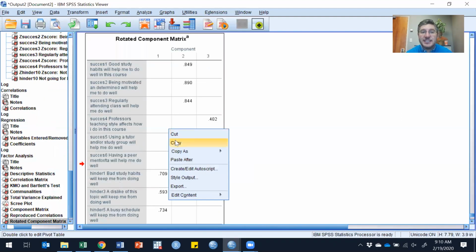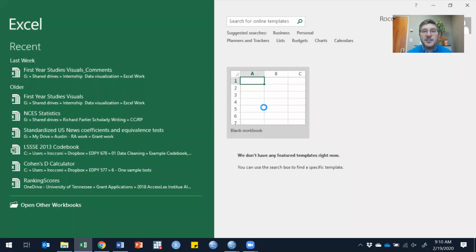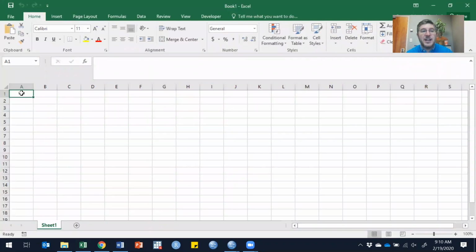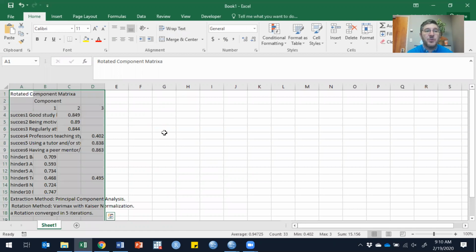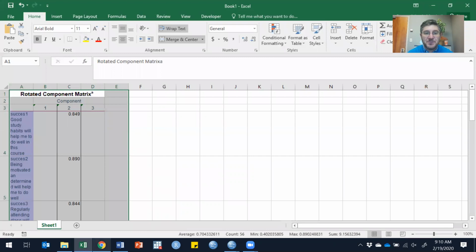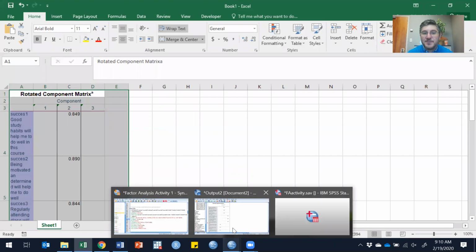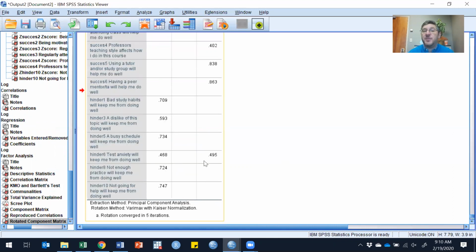I'm going to take this and copy it to an Excel file here so I can compare these results with what it looks like when I remove the variable. That doesn't look good either. So let's remove the Hinder 6 variable and rerun the factor analysis and see how the solution changes.